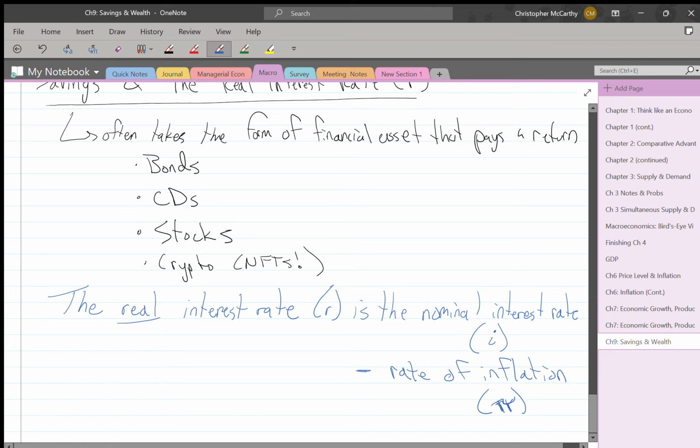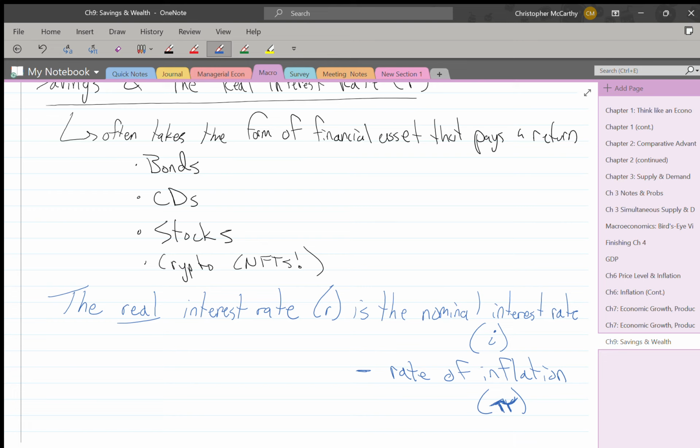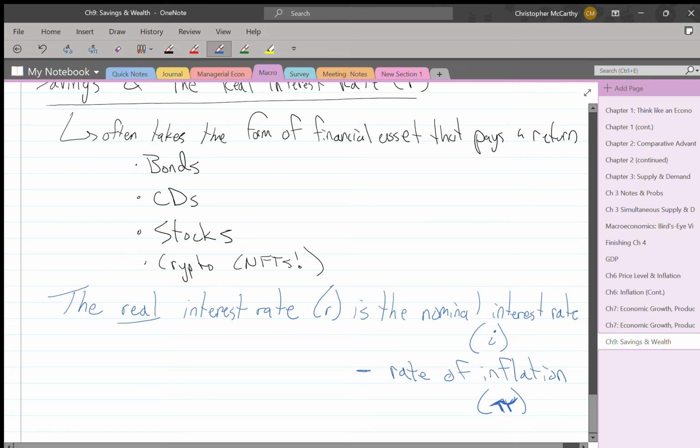Which, if any of you have had any other econ classes, you'll be like, well, I thought pi was profits. It is. It's both of them. There's so many Greek letters, and they reuse them. I don't know why. So yes, pi is also profits in addition to being inflation.